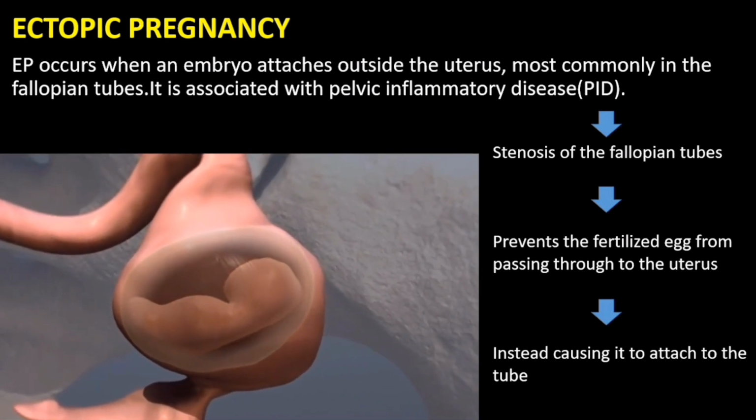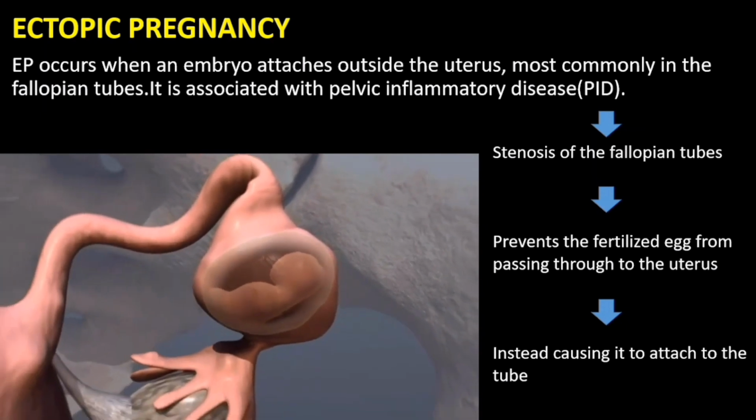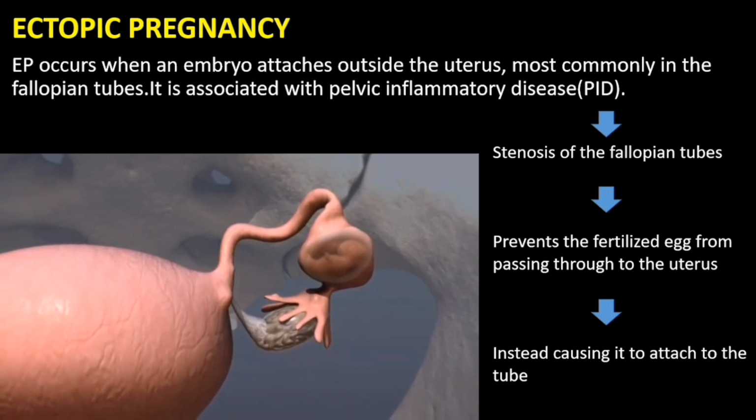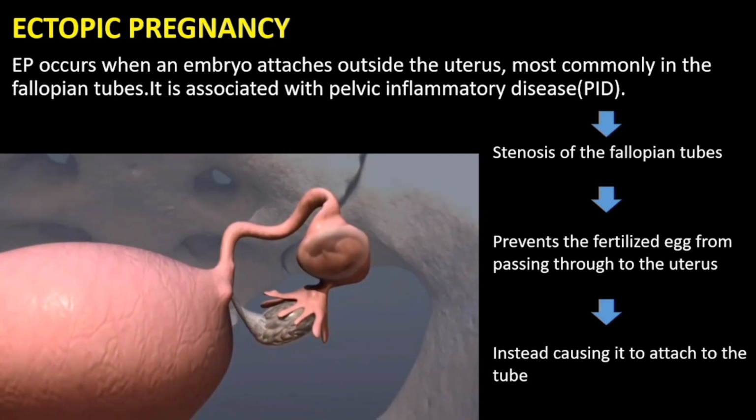Now, what is PID, pelvic inflammatory disease? A bacterial infection that spreads beyond the cervix to any part of the upper female reproductive tract. Pelvic inflammatory disease can affect the uterus, ovaries, fallopian tubes and surrounding tissues.